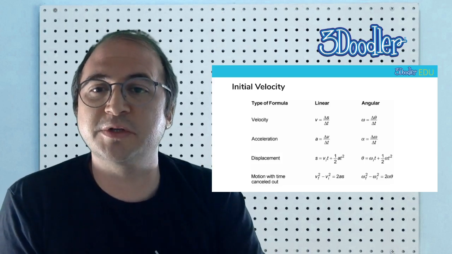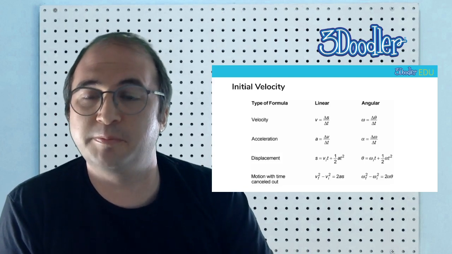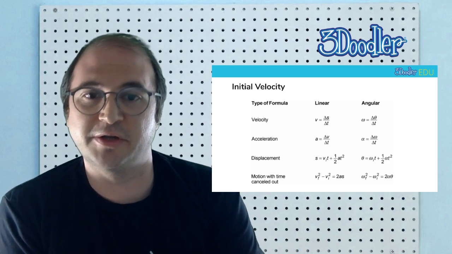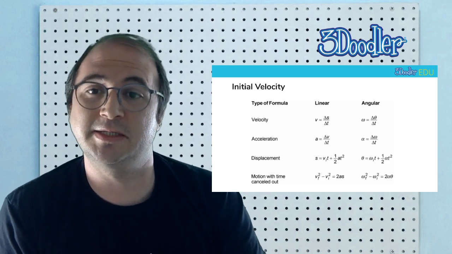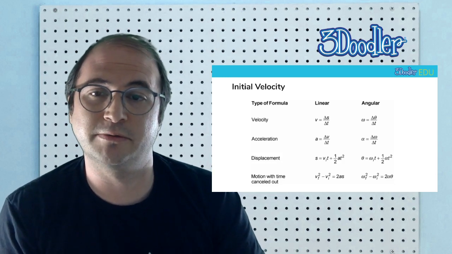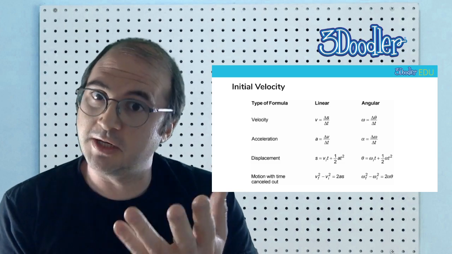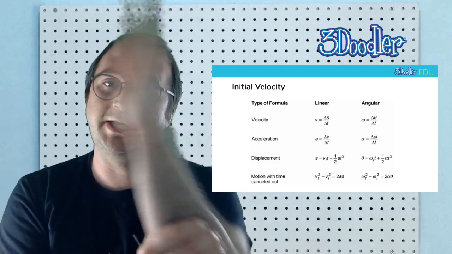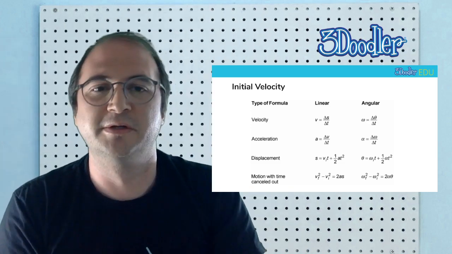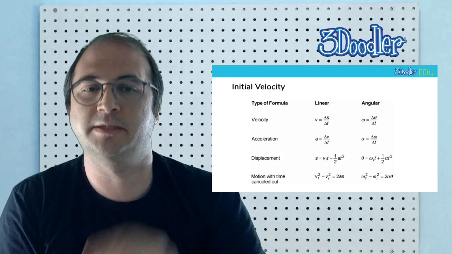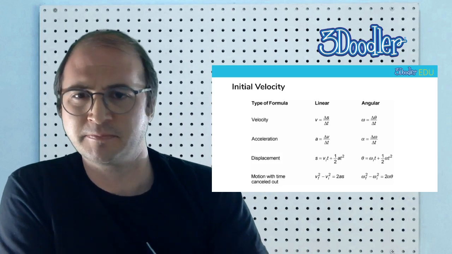Now, there are some basic formulas for velocity and projectile motions. So we can see that velocity is equal to the change in the distance, or delta s, over the change in time, delta t. Angular velocity, which is when an object is rotating on an arm or around in a circle, is the same, but it's theta, or the degrees or the radians that it's changing over time.